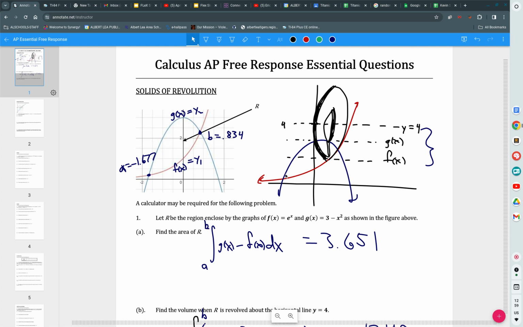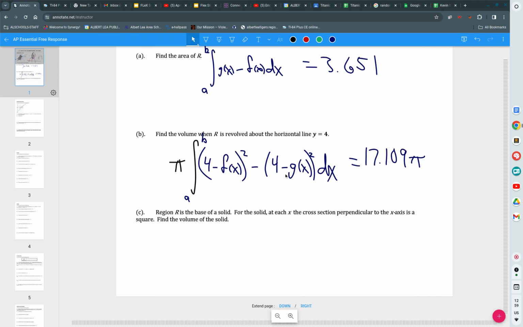No, this is what it looks like. So we're taking this area right here. We're taking that area and we're revolving that area up and around. So as that area comes up and around, it comes around and comes back down. So that's a space in the middle. Yep, that's your space in the middle. Okay. All right.